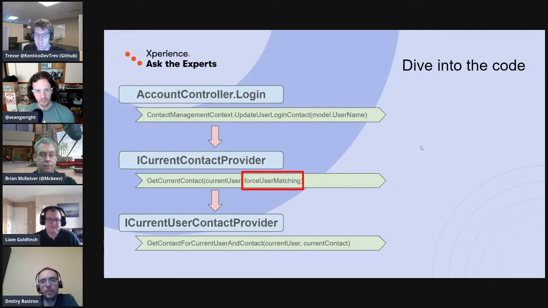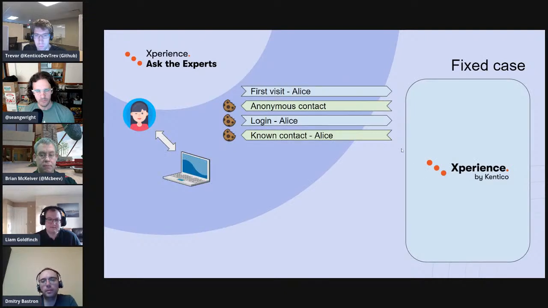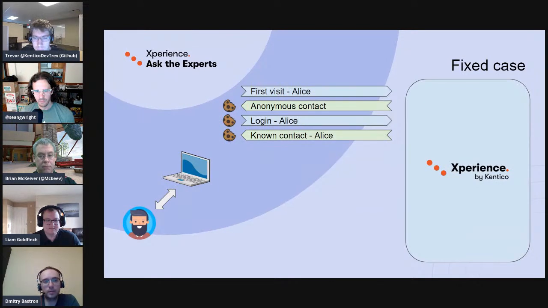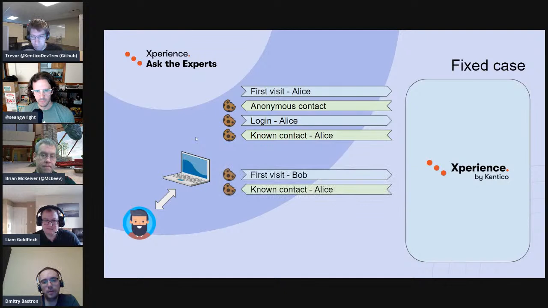Okay, with this particular example, let's see how it works. Imagine if we have customized the code for ICurrentUserContactProvider. The first part stays the same, and Bob starts browsing from the same computer. He first visits the website. He will still be recognized for the time being as Alice.